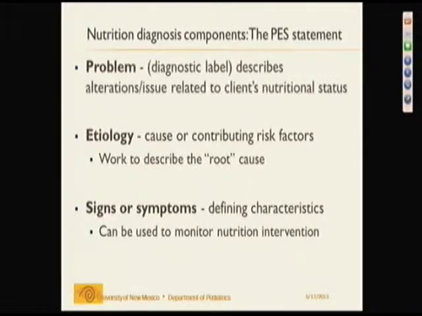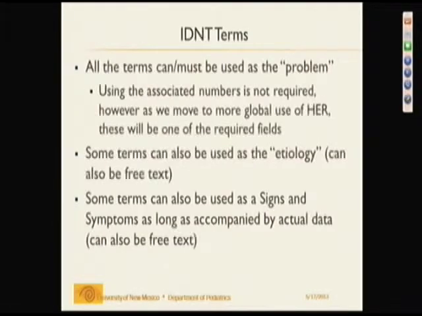That if you do something to that root cause, that problem will get better because you can monitor those signs and symptoms. And I think it's a fabulous way to actually teach assessment and diagnostics, because it's so formulaic in the way it's charted. But it's hard for those of us who've been doing it differently for 20-some years.